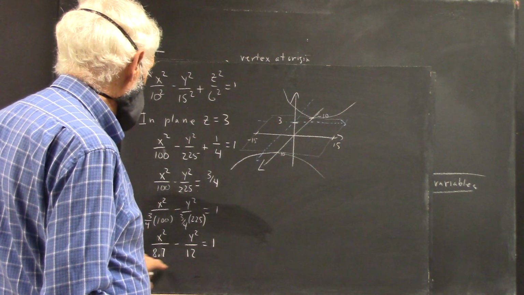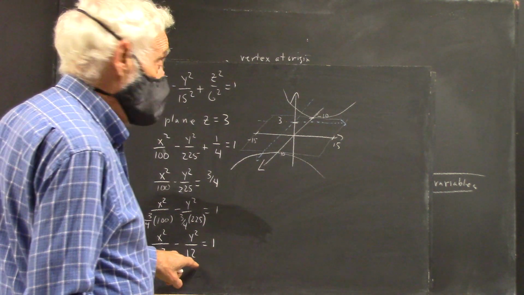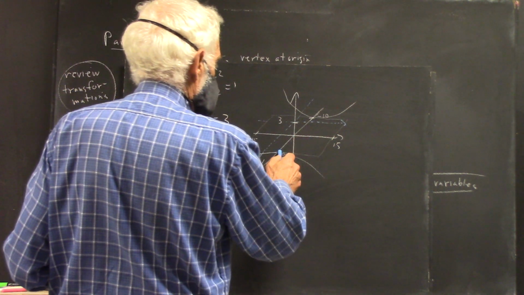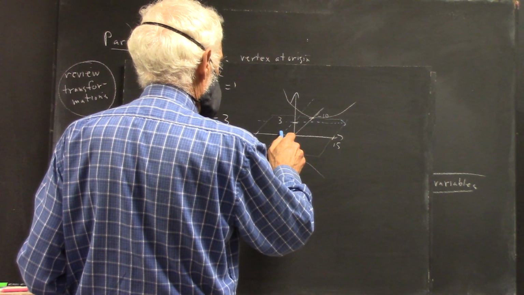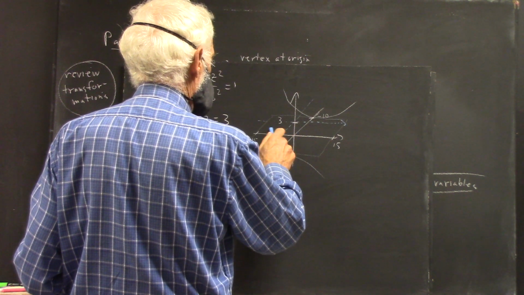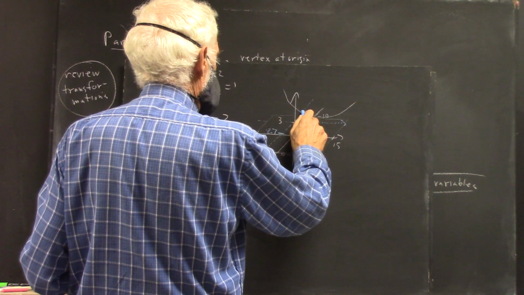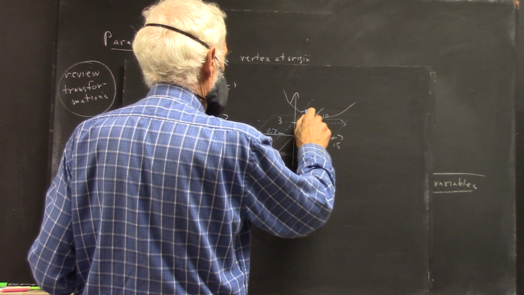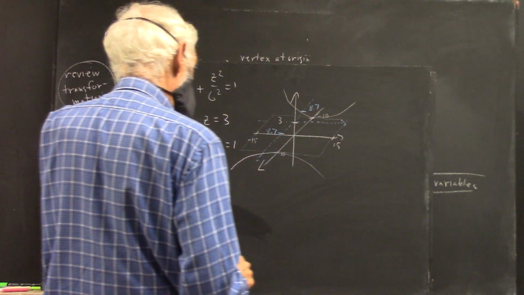Divided by 3/4, we get a smaller number under x and a smaller number under y. So that instead of 10 units here, we come out 8.7 units. And 8.7 units back here. I'm kind of exaggerating how much smaller this is, but I want to give you an idea.